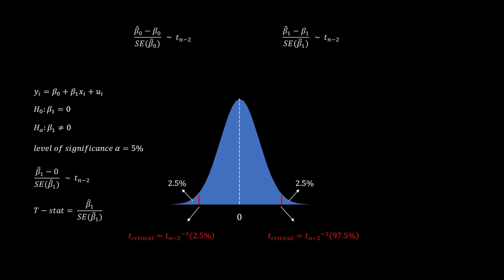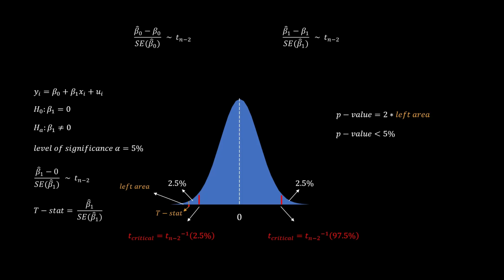We can also decide to reject or not reject based on p-value. P-value is the total probability of observing a value more extreme than the t-stat. So in a two-tailed test, the p-value is given by 2 times the area to the extreme of the t-stat. It means that if the t-stat is negative, as is in this case, p-value would be twice the left tail probability of the t-stat.